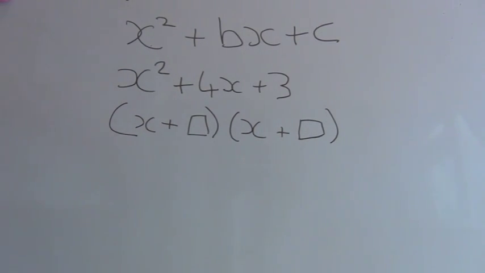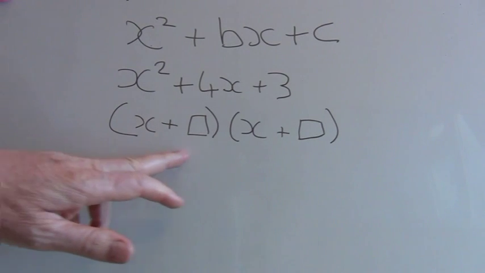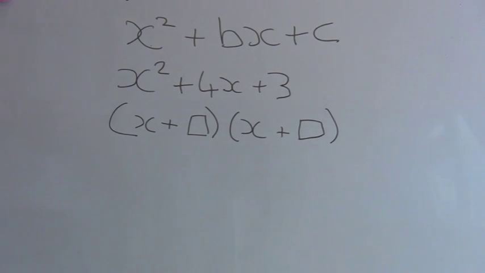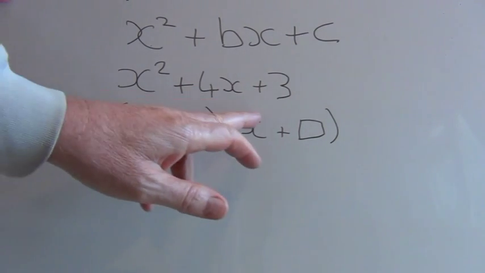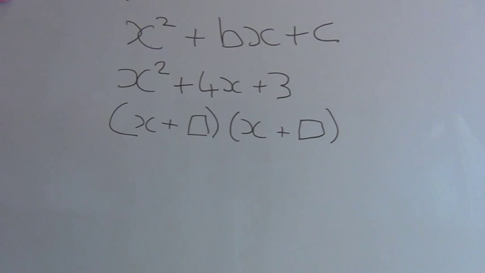The coefficients in this case are 4 and 3. The coefficient of x squared in this expression is 1. So we first need to check that the coefficient of x squared in the product is equal to 1. If we multiply x by x, we get x squared, and the coefficient is equal to 1.